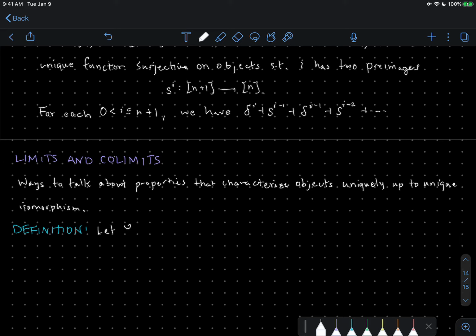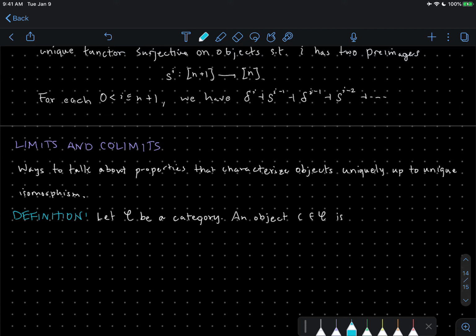Let's take a category C. An object little c in C is called initial if for every c prime in C, there is exactly one map from c to c prime. So there exists one, and there is at most one.